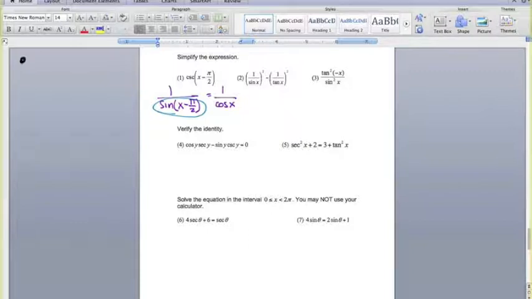So then as our final answer, what's the same thing as 1 over cosine? We'll flip it back over, and that's secant. Secant is the reciprocal of cosine.